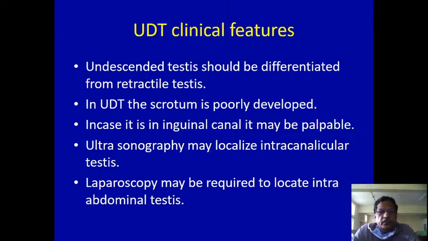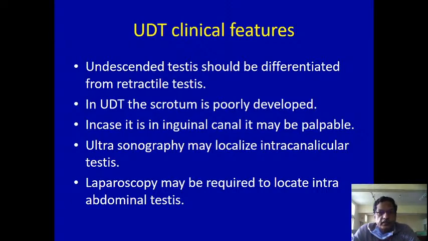It may not be seen in the scrotum. So that is called retractile testis. You should not confuse retractile testis with undescended testis, because retractile testis is a normally placed testis which has temporarily been drawn into the inguinal canal by the exaggerated cremasteric reflex. So that will be a differential diagnosis for undescended testis.